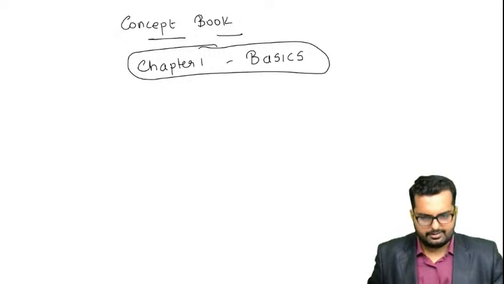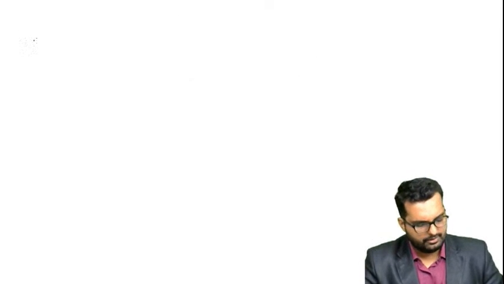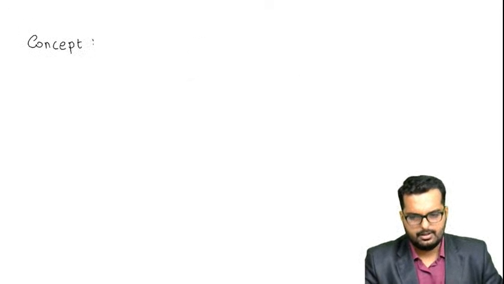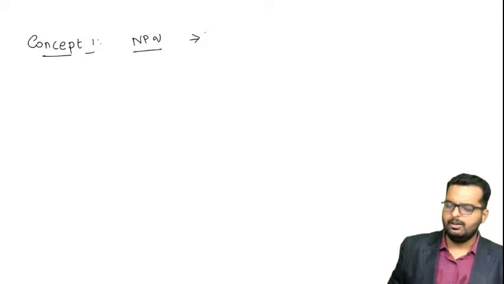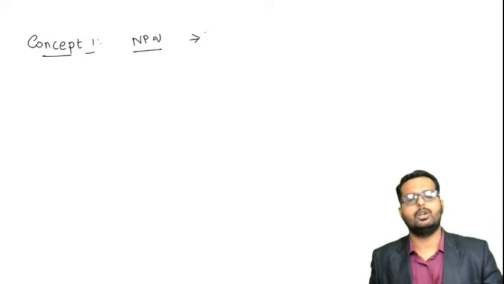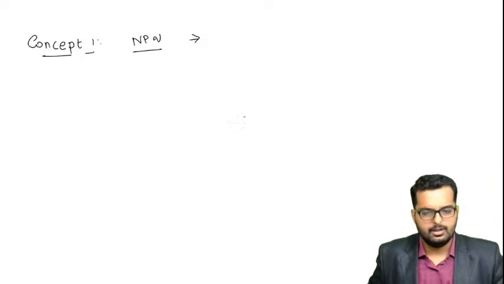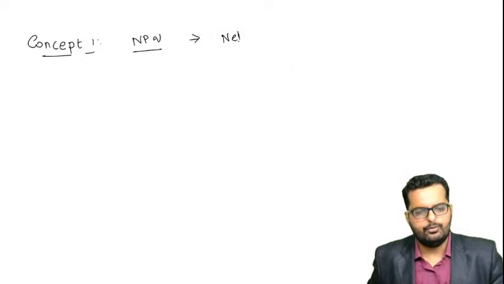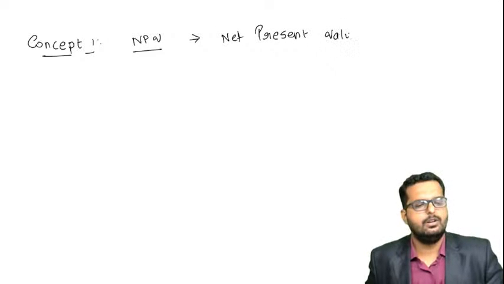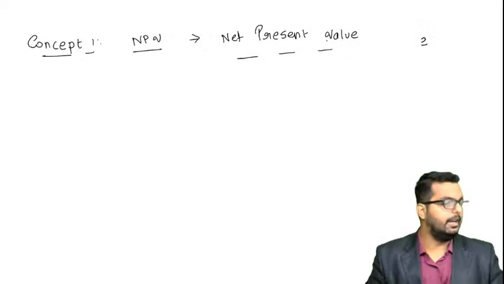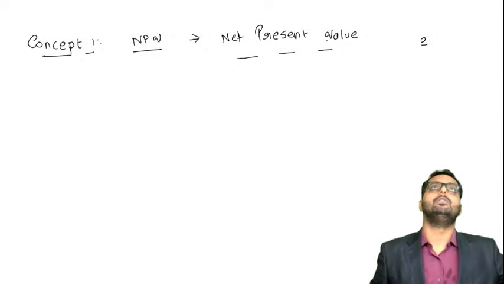Inside this, write down concept number 1, NPV. Friends, I'm starting from scratch, assuming you don't remember anything at all about the subject. NPV, the full form is net present value. 1 minute, friends.